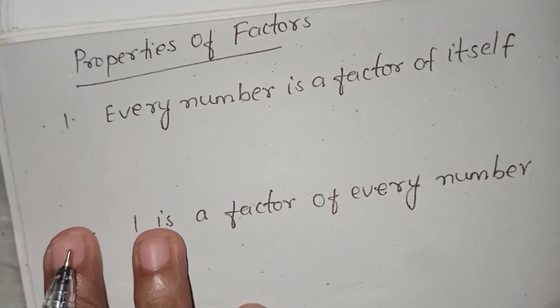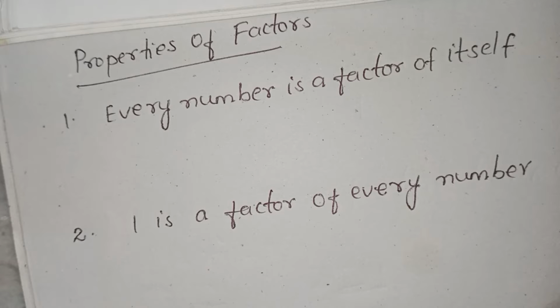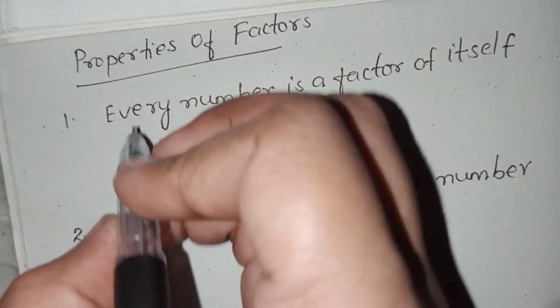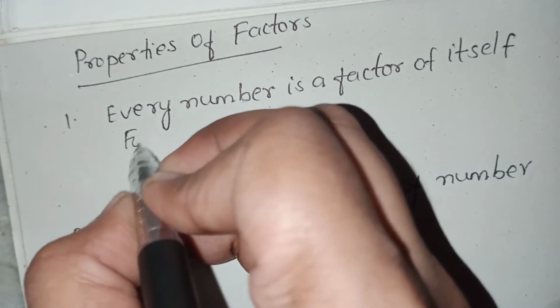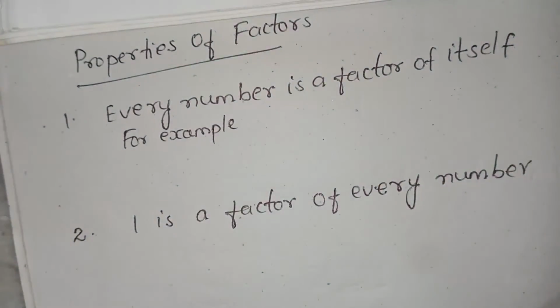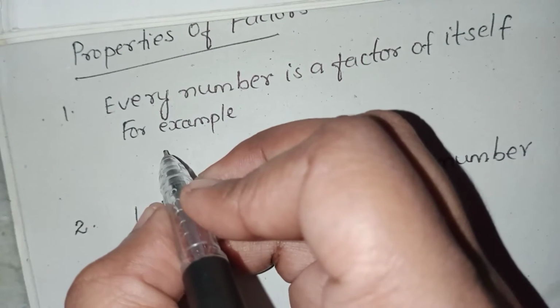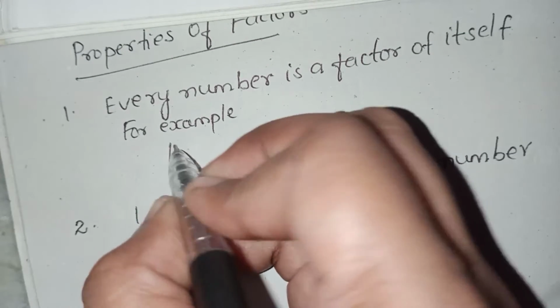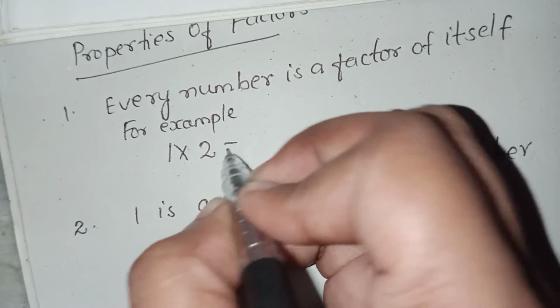You know that 1 two is 2. So when 1 is multiplied by 2, what do we get? 2 only. We get the same number. For example, if I take the table of 1, so 1 two is 2.